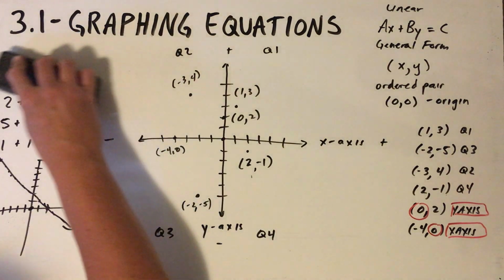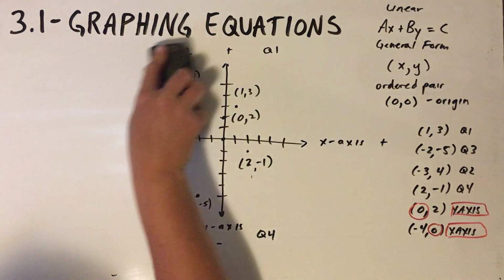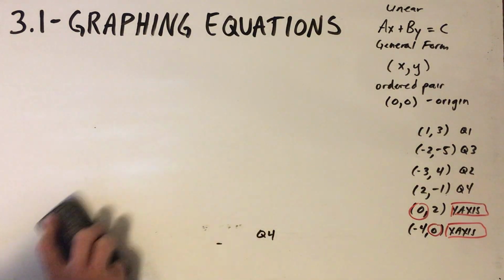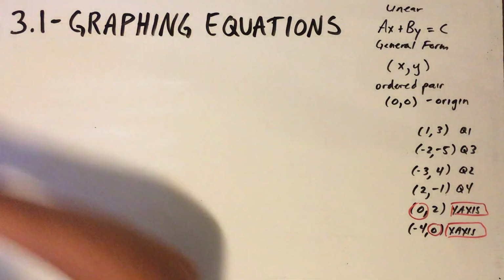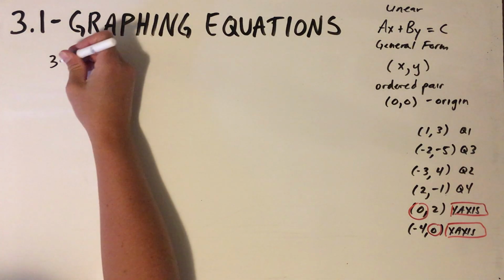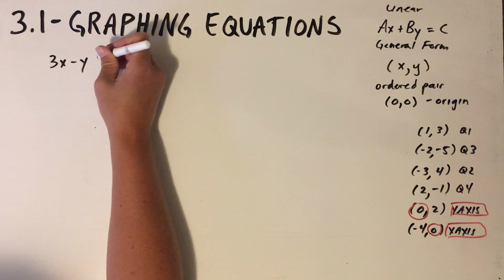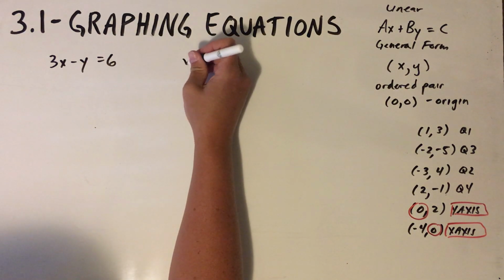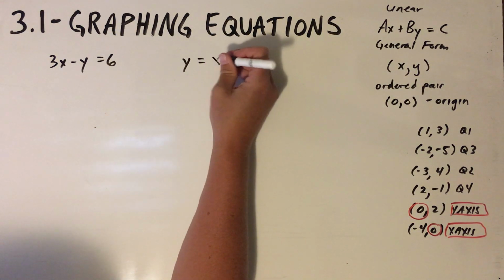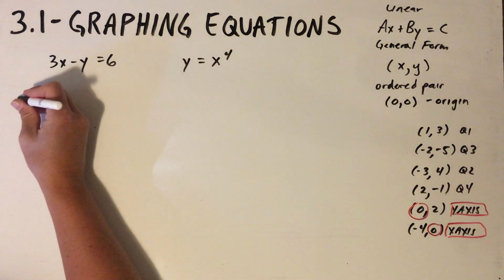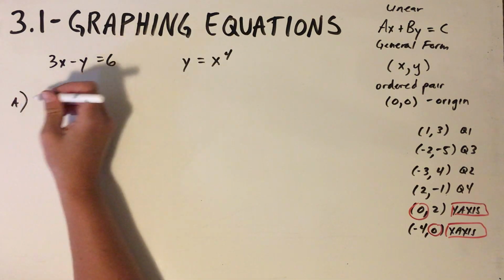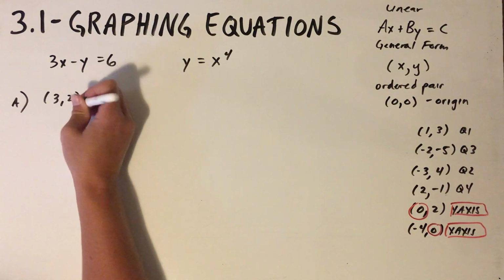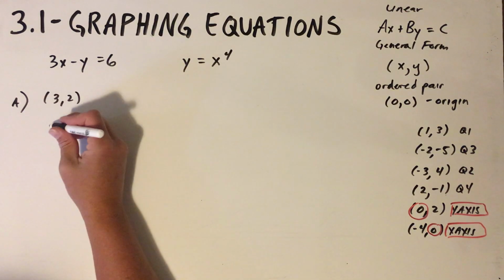So when you're asked to determine if an ordered pair is a solution to an equation, what this is asking is: if I plug those values in or substitute those values for the variables, is the statement true? So this first one here, if we plug in the point (3, 2), is this original statement true?